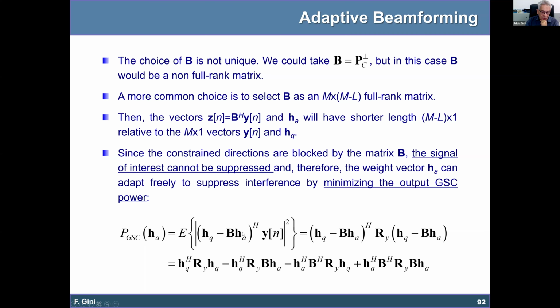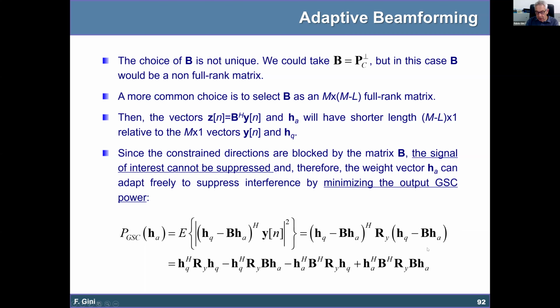So this is the whole beamformer impulse response, Hermitian Y. The modulo square is the output power. We take the expectation, we get the output power, and we want to minimize this quantity with respect to HA. So HQ is fixed, is non-adaptive. The unknown vector is HA, which is the adaptive part.